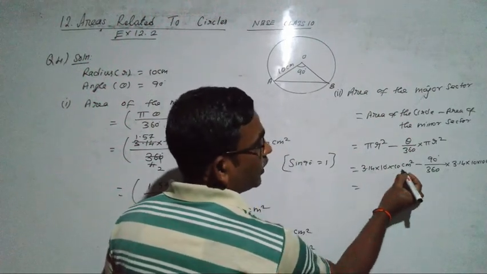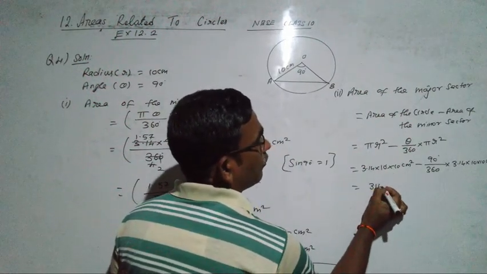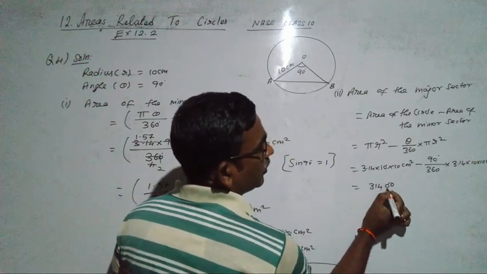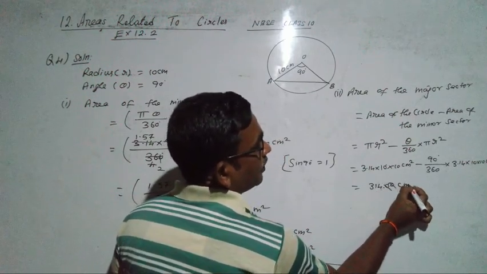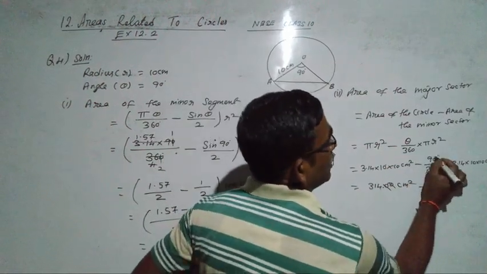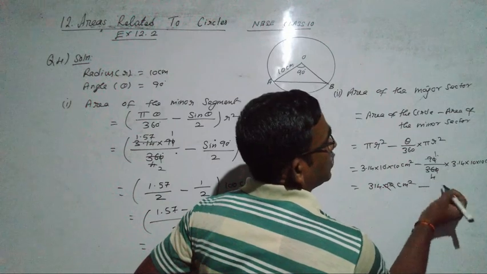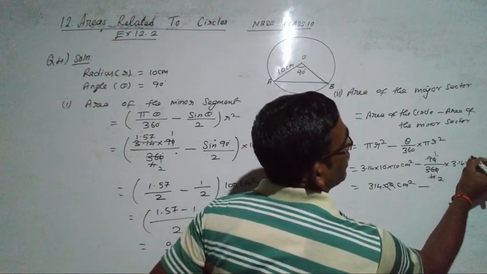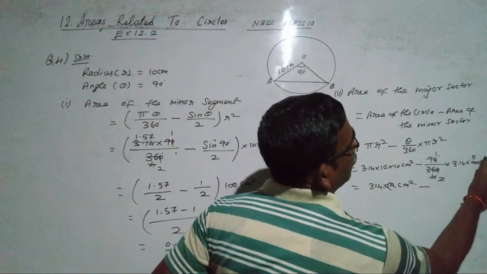So 314 into 100 is coming here, 31400 will come, 2 places of decimal. The point is coming, 20 will be cancelled. So 314 centimeter square minus, 0 cut off, 9 ones are 9, 9 fours are 36 and 2 twos are 4, 2 fives are 10, 2 ones are 2, 2 fives are 10.